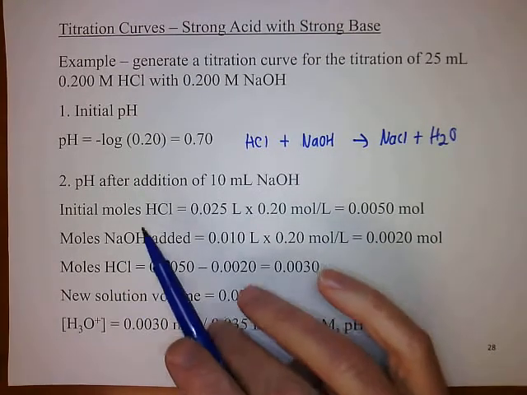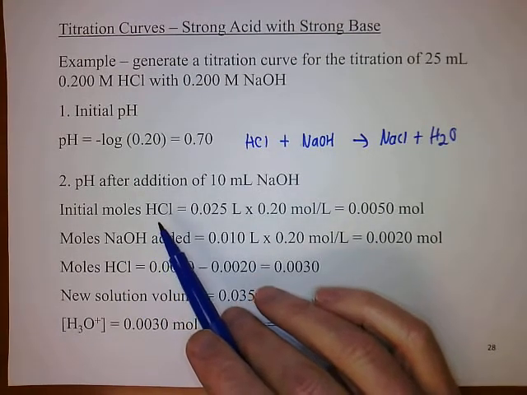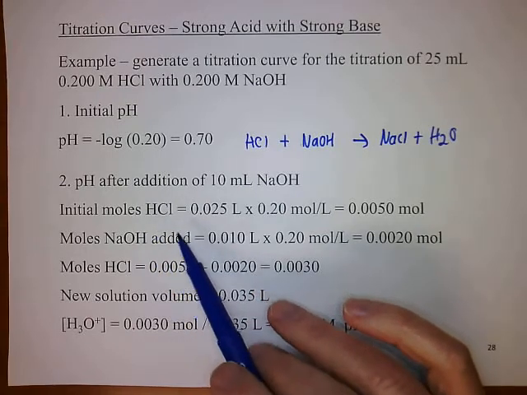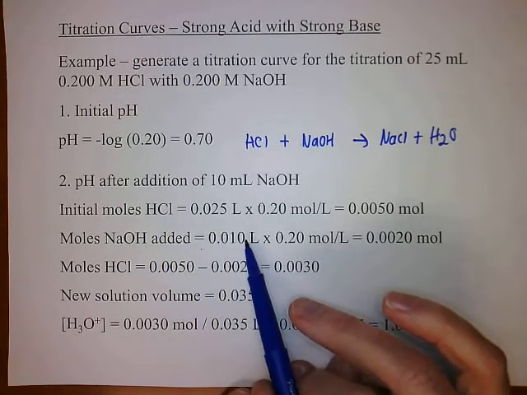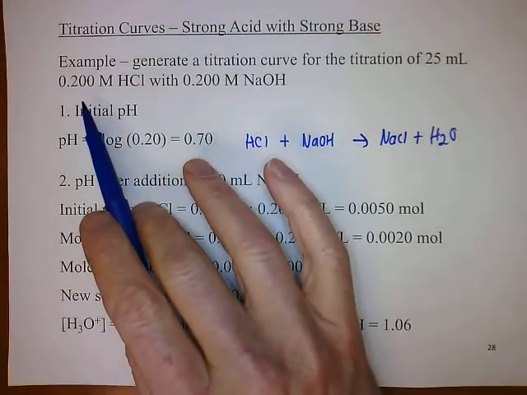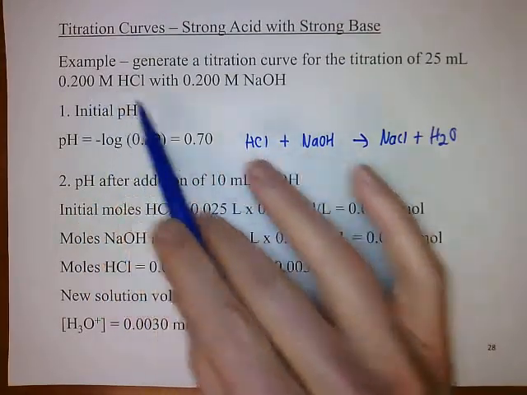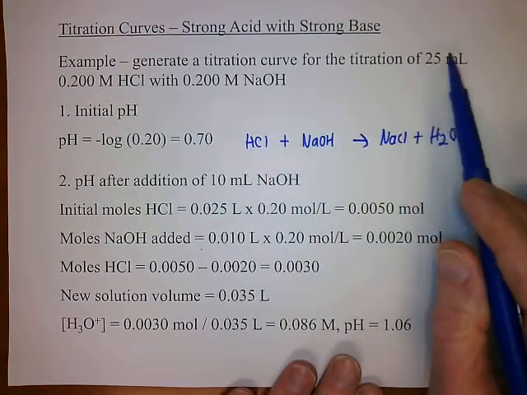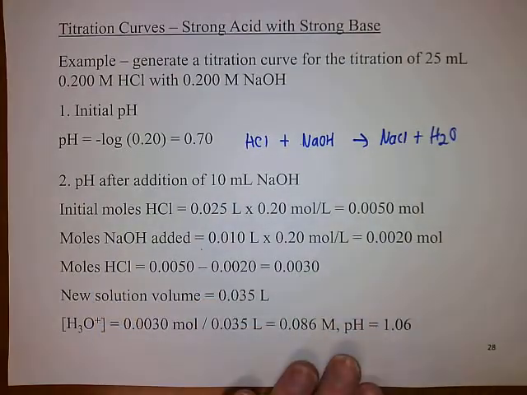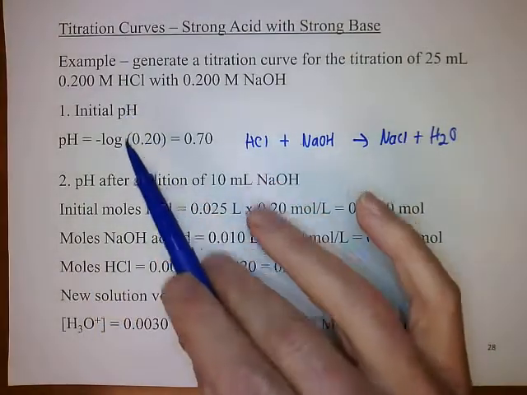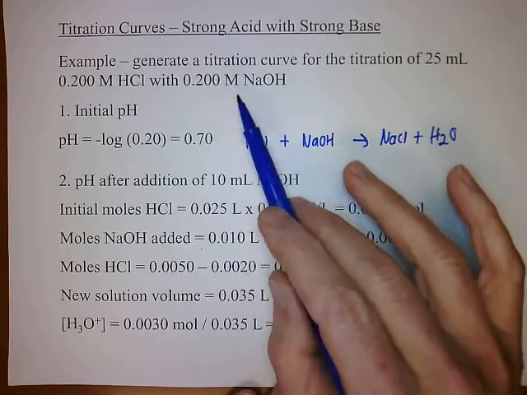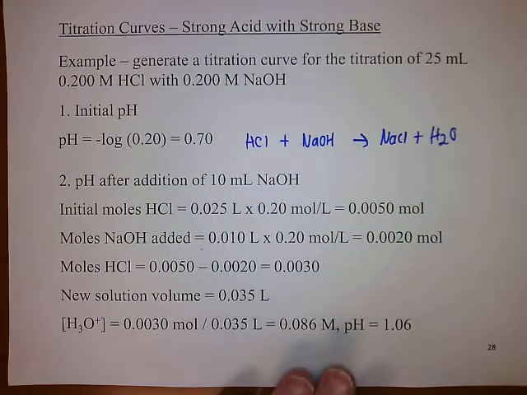So we're going to have to first figure out how many moles of HCl we started with. The HCl had a concentration of 0.20 molar, and we started with 25 mL. Now you remember that big M. What does that stand for? That's a concentration unit.